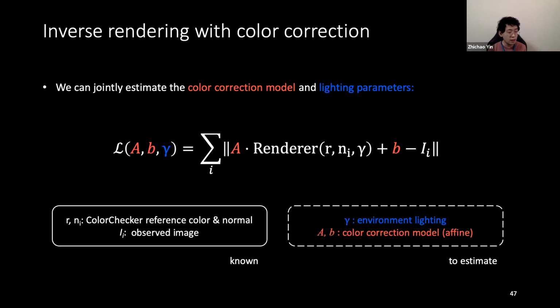So the only unknown variables are the environment lighting and the color correction model. We optimize this objective so we can jointly estimate the color correction together with the lighting parameters. During test time, it's very simple. We just apply the inverse of the color correction model to the arbitrary input sensor image. That gives us a color corrected image.